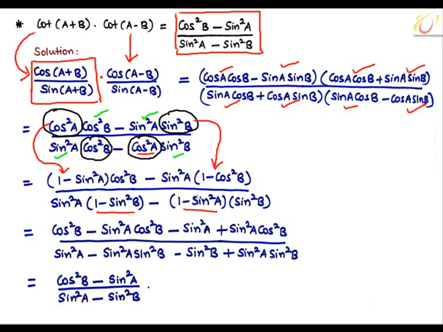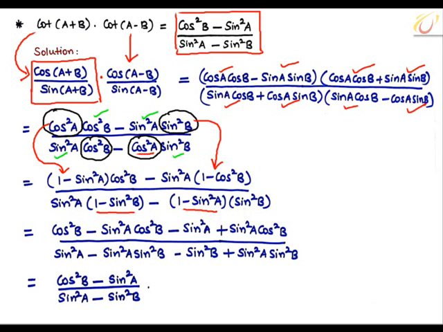So your sum becomes (1 minus sin square A) into cos square B minus sin square A into (1 minus cos square B), whole thing divided by sin square A into (1 minus sin square B) minus (1 minus sin square A) into sin square B.